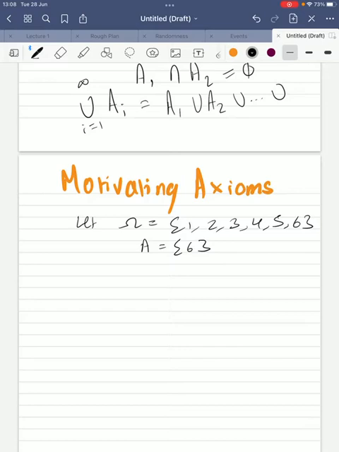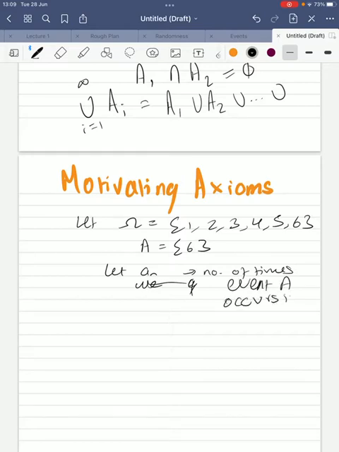So, we're going to let A_n be the number of times event A occurs in n trials, yeah? So if we roll the dice 10 times and we get a 6 7 times, then A_n is 7, okay?